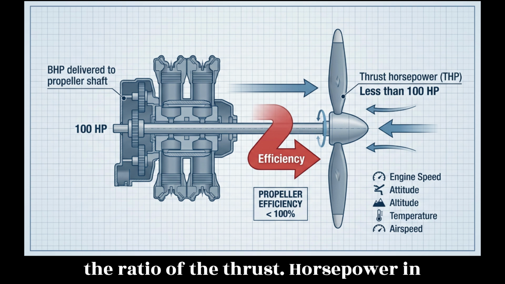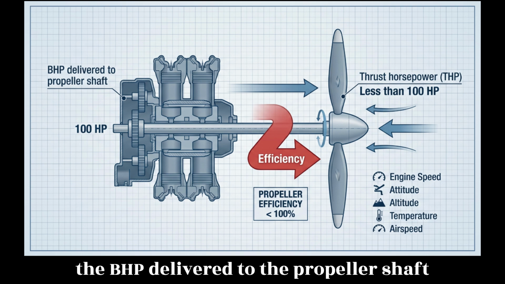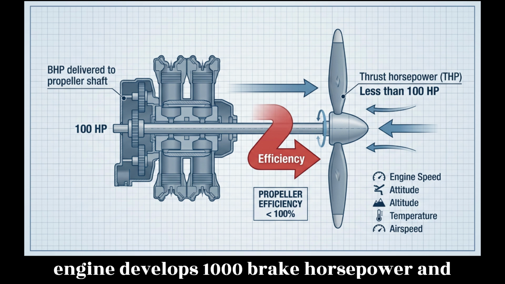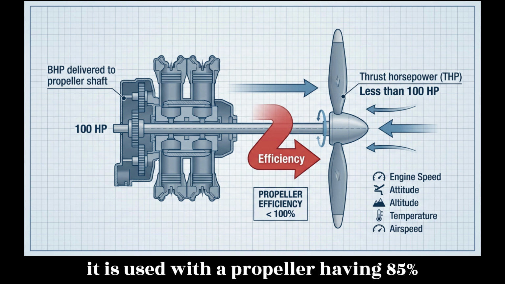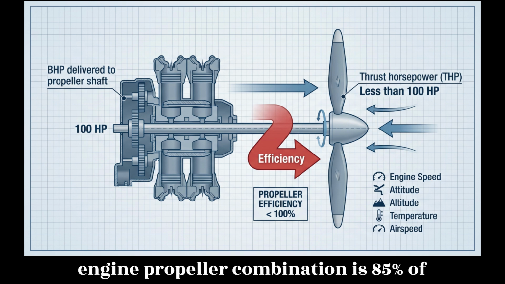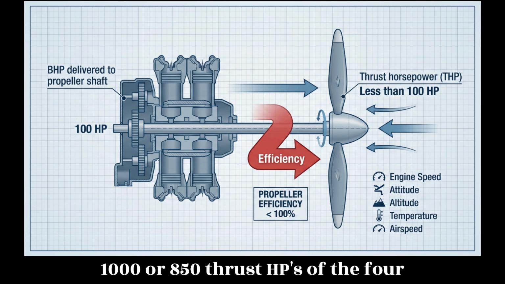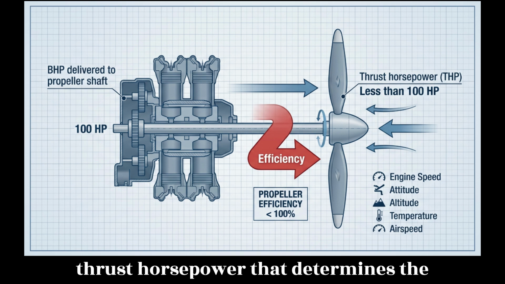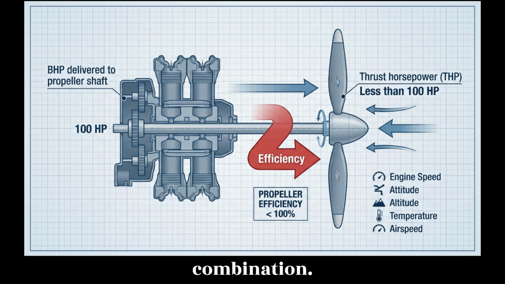Thus, the ratio of the thrust horsepower to the BHP delivered to the propeller shaft will never be equal. For example, if an engine develops 1,000 brake horsepower, and it is used with a propeller having 85% efficiency, the thrust horsepower of that engine-propeller combination is 85% of 1,000 or 850 thrust HP. Of the 4 types of horsepower discussed, it is the thrust horsepower that determines the performance of the engine-propeller combination.